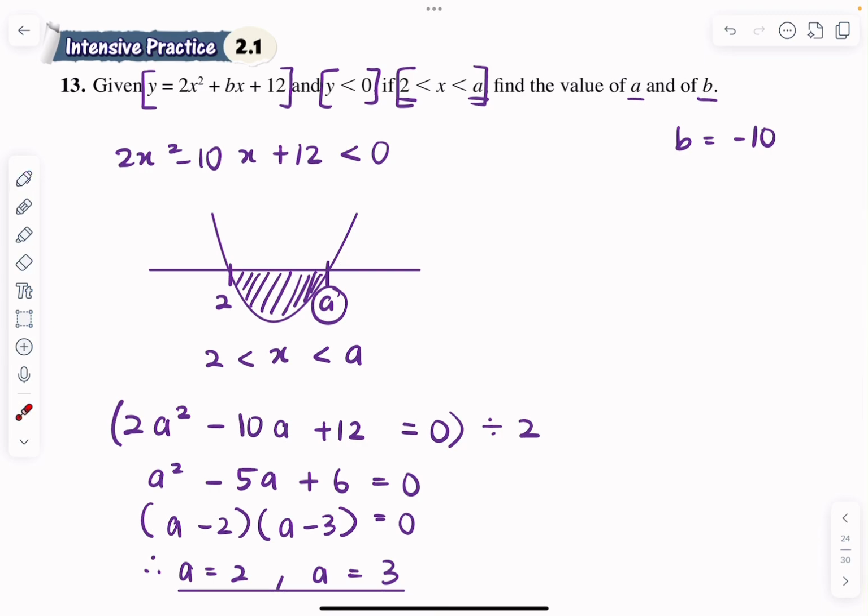But 2 cannot be a because 2 is already here. So a must be bigger than 2. So this one we have to reject. Therefore, a is 3. This is our final answer.